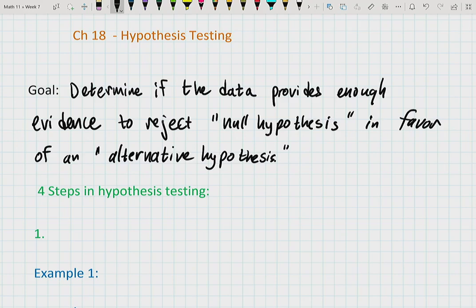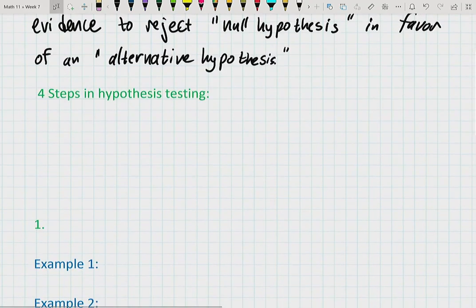But usually you want there to be an effect, because that's a bit more interesting, that's more statistically significant. So you kind of want to reject the null hypothesis. So there's 4 steps in hypothesis testing.